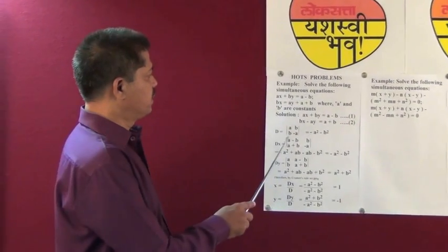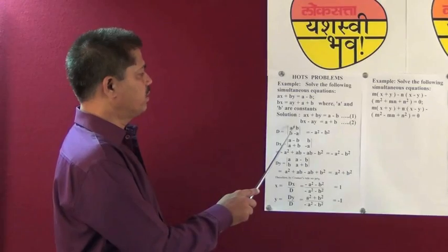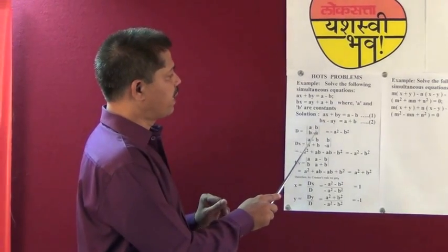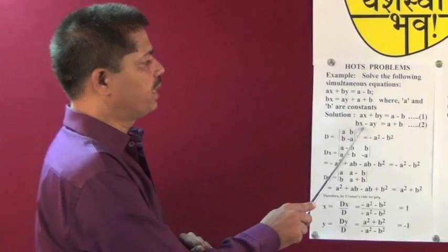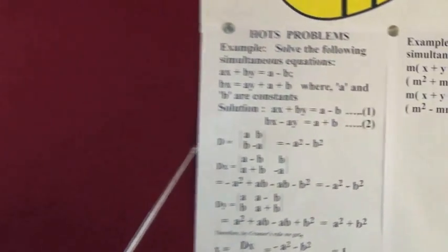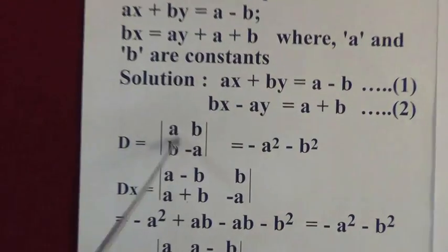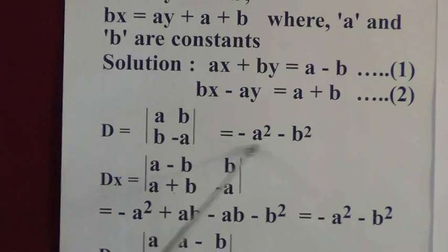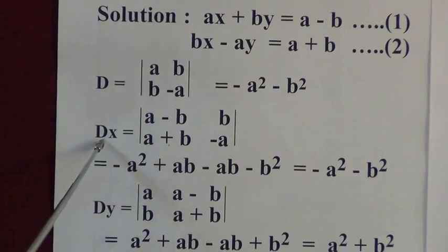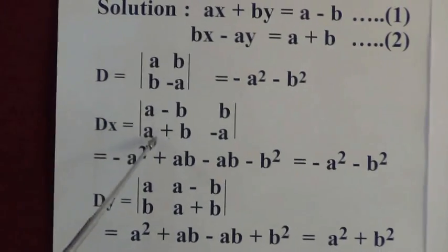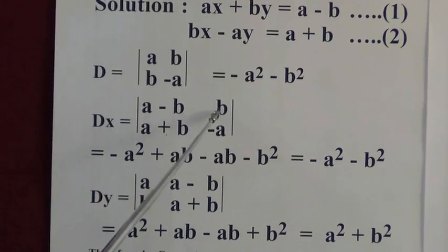You already know that D is the determinant with rows a, b and b, minus a for the equations ax plus by is equal to a minus b, bx minus ay is equal to a plus b, and therefore we solve this: minus a square minus b square is the value of the determinant D. The value of determinant Dx has rows a minus b, b and a plus b, minus a.